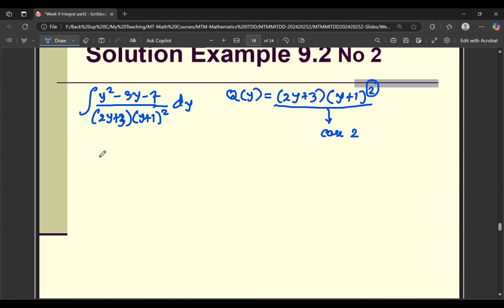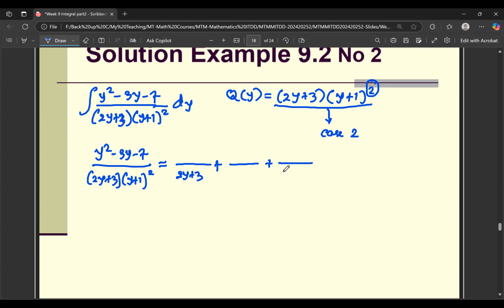From case two, p(y) and q(y), in this case y squared minus 2y minus 7 divided by 2y plus 3 multiplied by y plus 1 squared. This is for the different non-repeating factor 2y plus 3, and this is for the repeating.